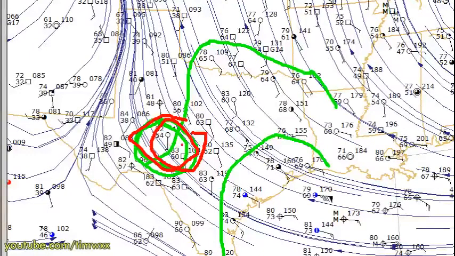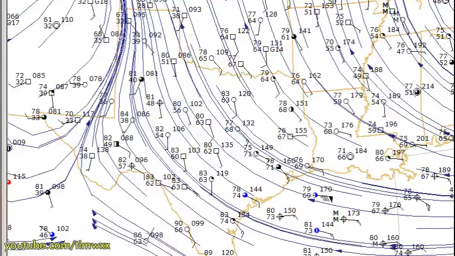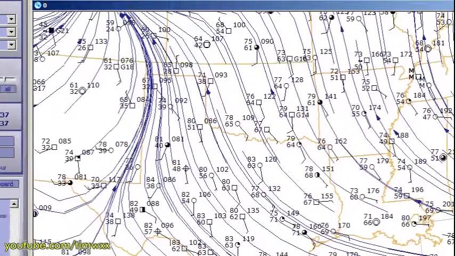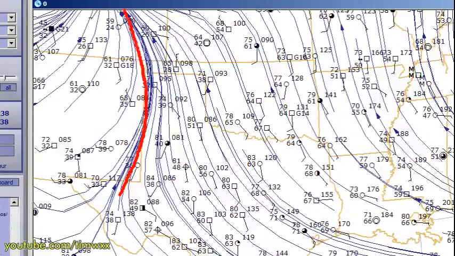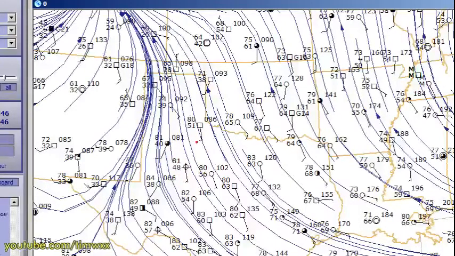So moisture not quite making it there, but we can see convergence out to the west there. So when we see that, we know we've probably got a lee side trough or possibly a dry line. In this case, it looks like the dry line is a little bit west of there or east of there, about right here.